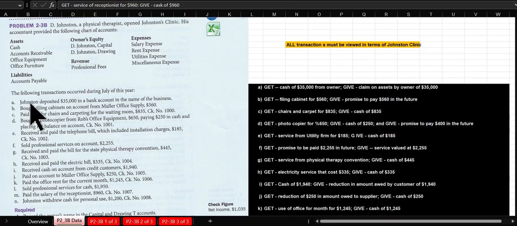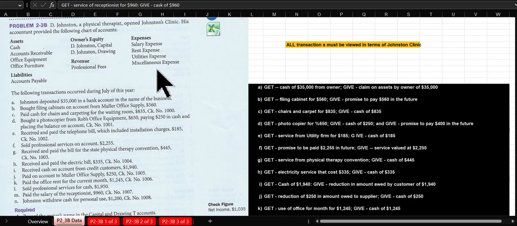So the first one we have here is where Johnston, the owner, deposited $35,000 in a bank account in the name of the business. So what did the business get? The business would have a get of $35,000 in cash. What did the business give?